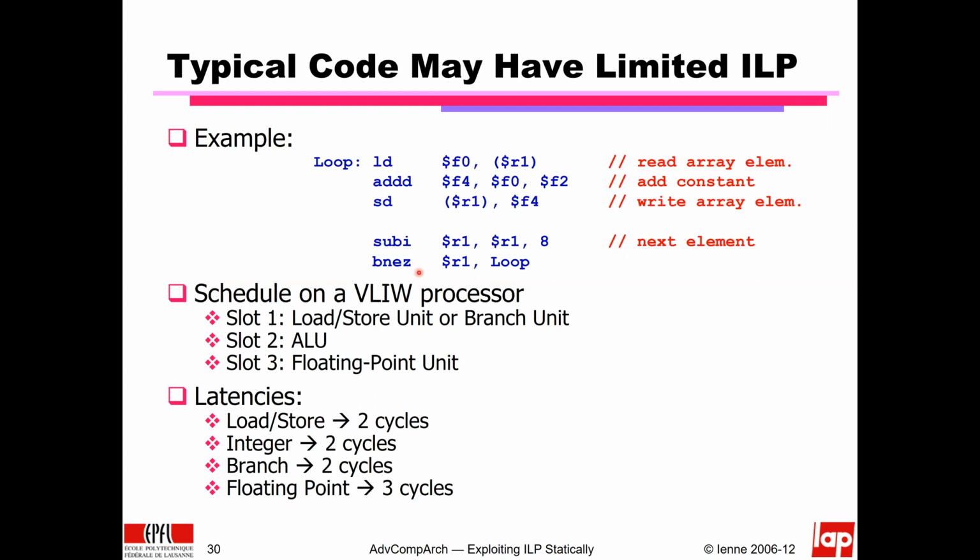So this is already information that, as we said before, is unusual or not known for a normal superscalar processor, but here the manufacturer tells us exactly what are the slots that we need to supply instructions for.